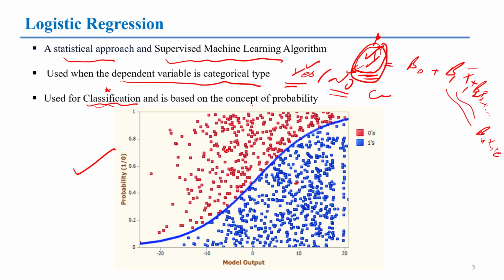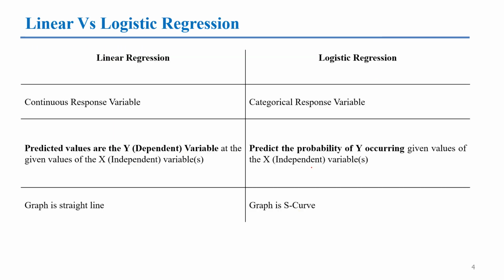So that's why we say that logistic regression uses the concept of probability in order to classify whether the data point is going to be part of this portion or that portion.